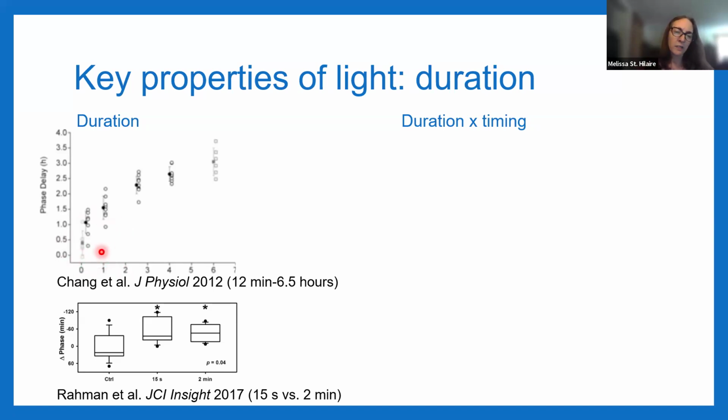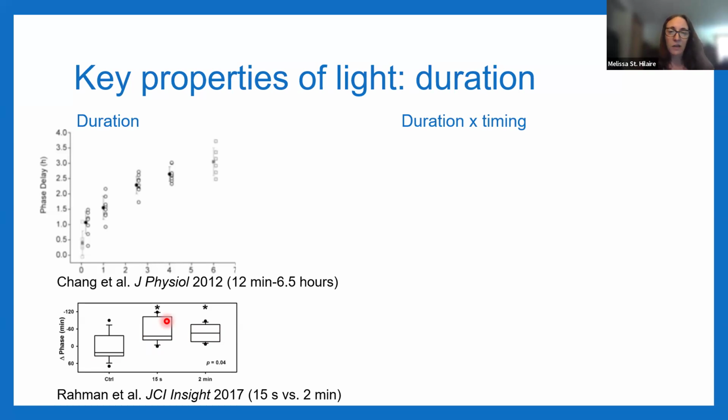And so when we expanded those studies out to doing shorter light exposures, so 15 seconds and 2 minutes, we found that even those really short exposures elicited very strong phase resetting of about 60 minutes. And this again is in the delay region of the phase response curve, where we expect to see maximum phase delay setting.